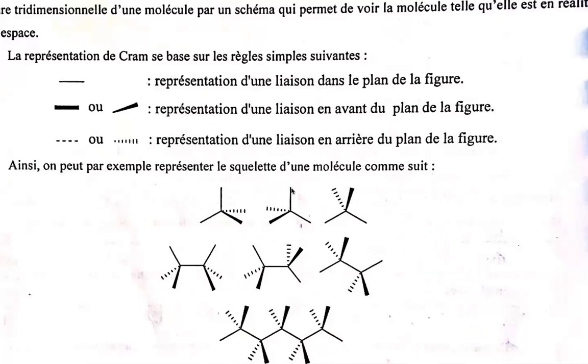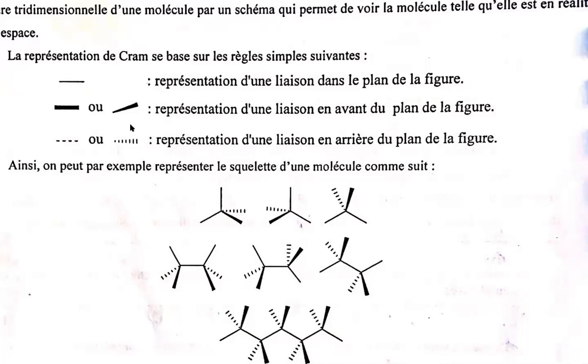The 2 straight lines represent the molecule on the page. Then the bold dash line represents the molecule coming outside of the page. Then the dotted lines represent the molecule behind, like something is behind the page.